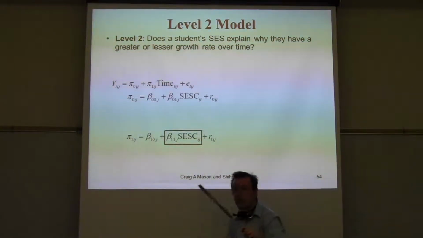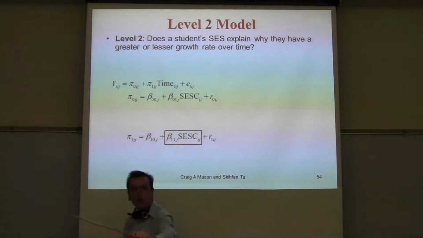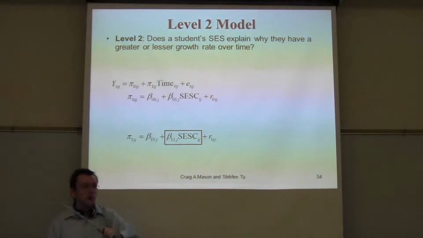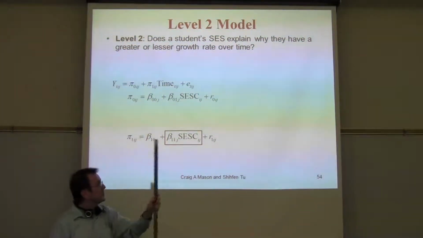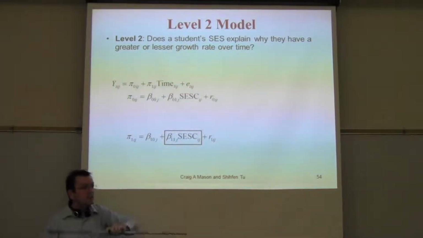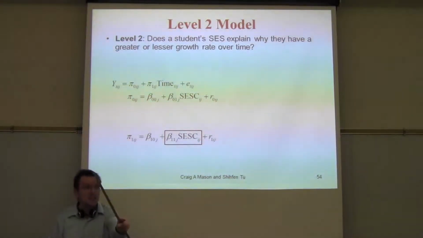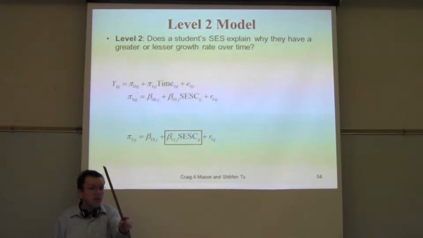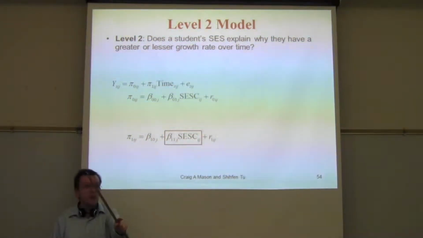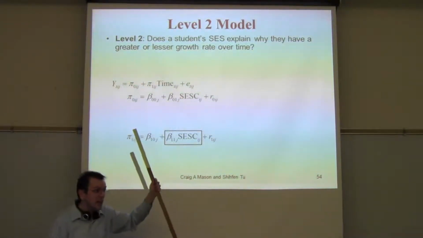The poor kids just struggle, they go nowhere, and as your SES increases, you do just fine. So beta 1j is that effect in a school where SES plays a big role. If you're poor in that school, you're burned. If you're high SES, everything's great.